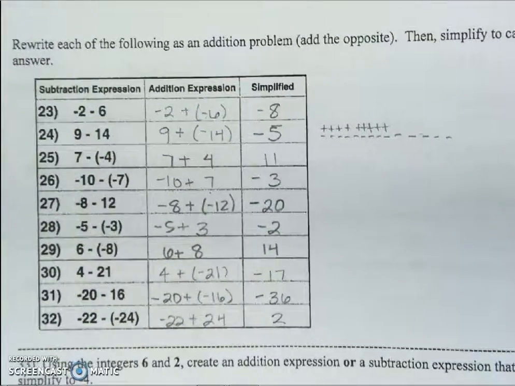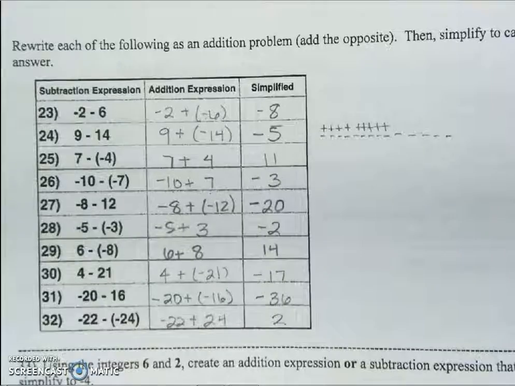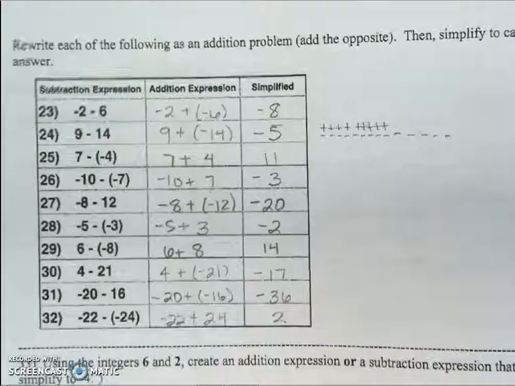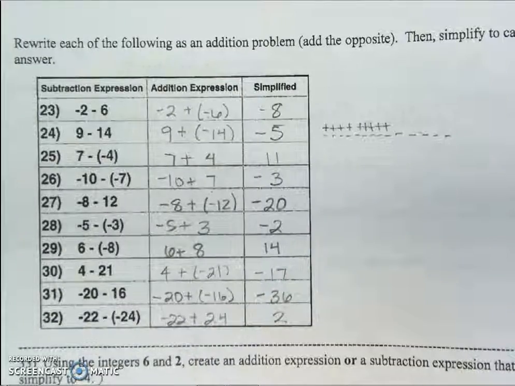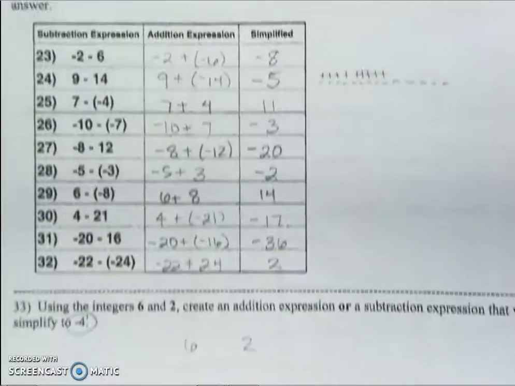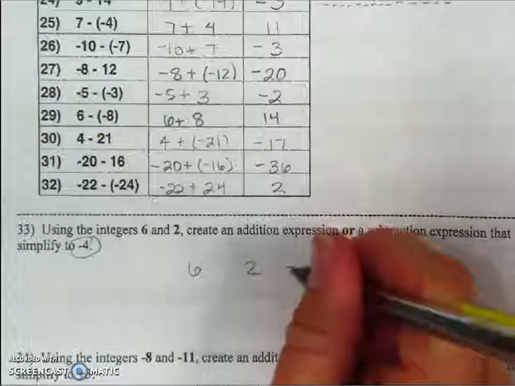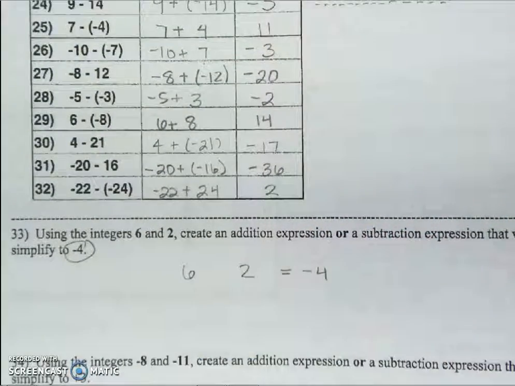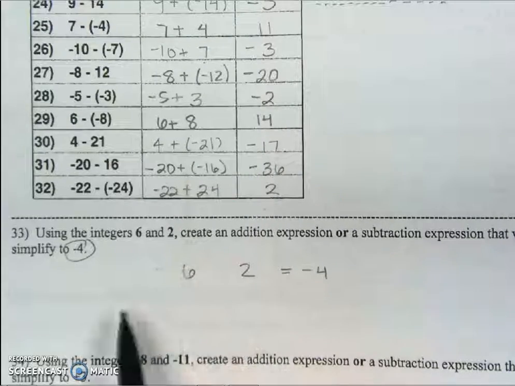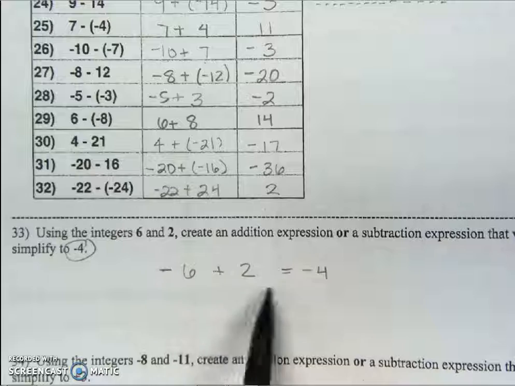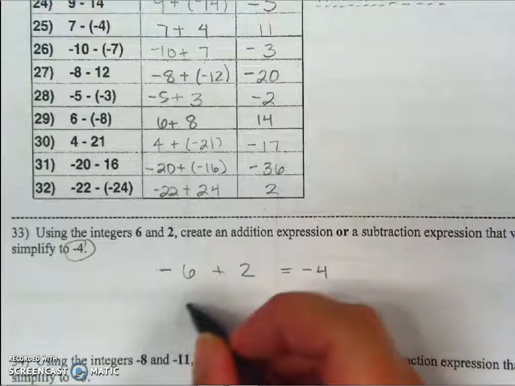Using integers 6 and 2, create an addition expression or a subtraction expression that will simplify to -4. So if I'm using 6 and 2, and I can make them positive or negative, I want it to equal -4. So one of these could be more negatives than positives, so I could do -6 plus 2, and I would result in -4.